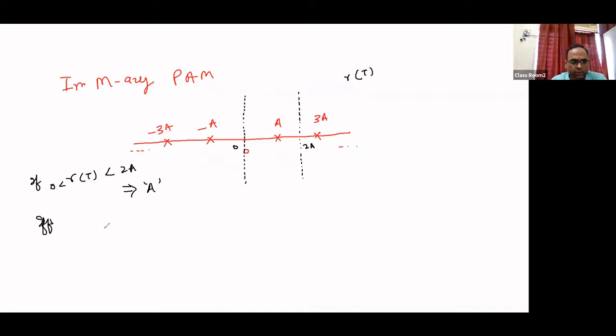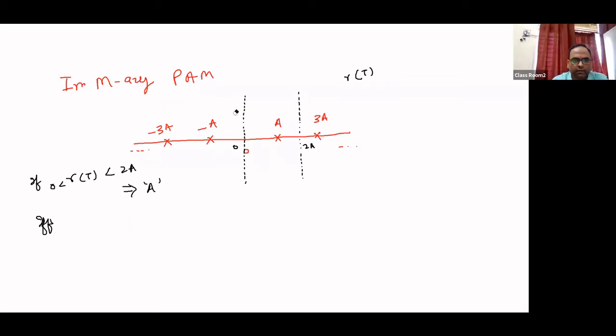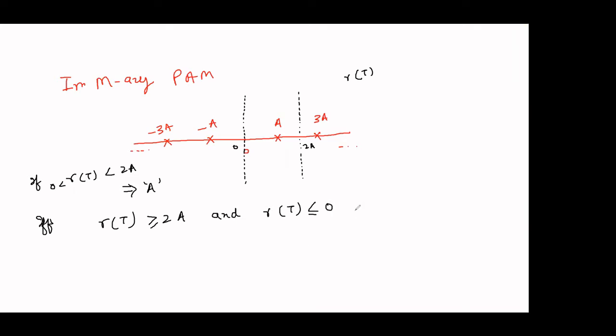So to take that situation, we should write like this: if RT is greater than 2A, and we can also put an equal to sign, and RT is less than or equal to 0, then error occurs.